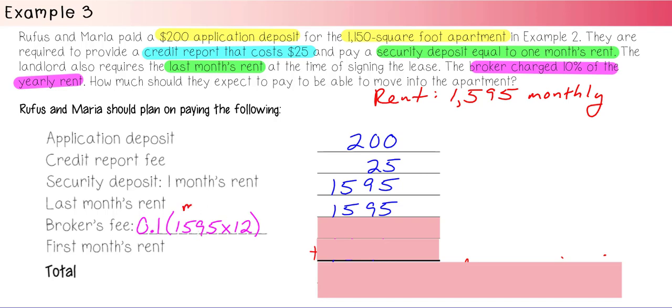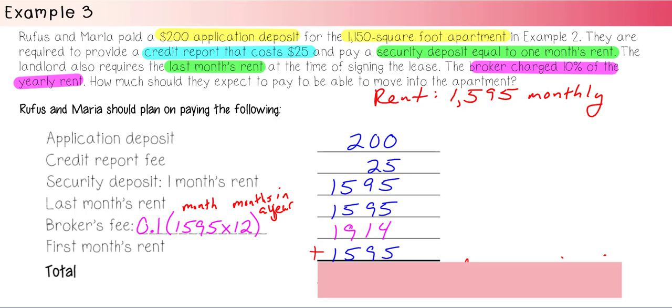So this would be the monthly amount times 12 months in a year. And then multiply that by 10% in decimal form, which gives us $1,914. And the first month's rent is just the rent again at $1,595.